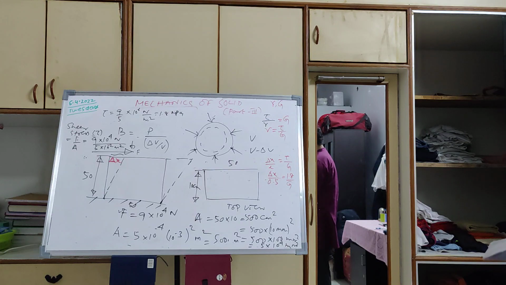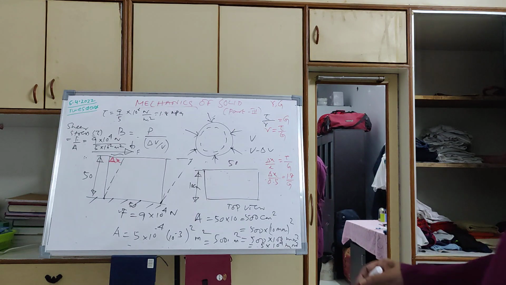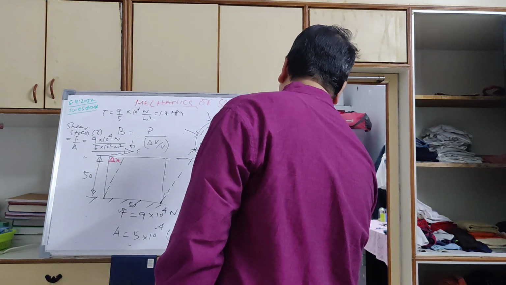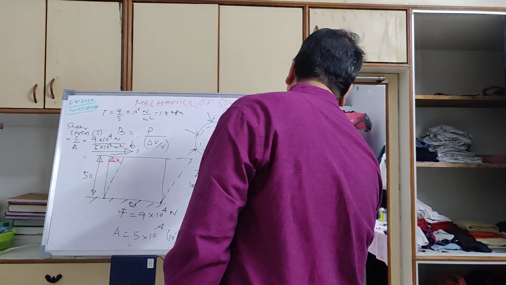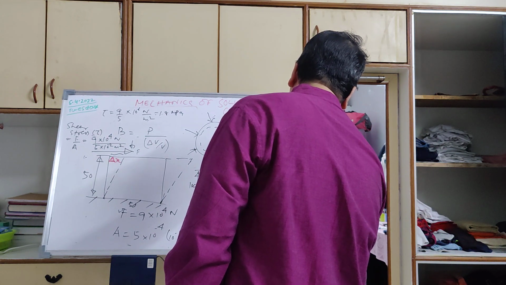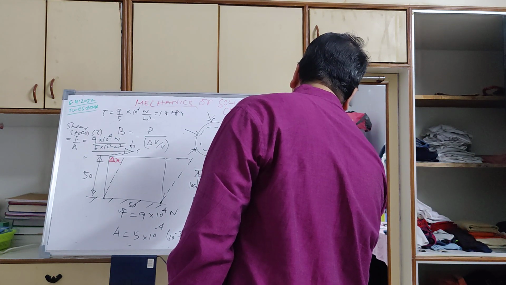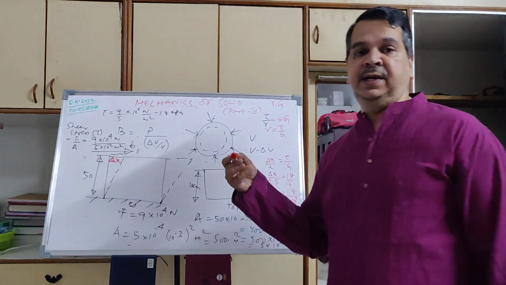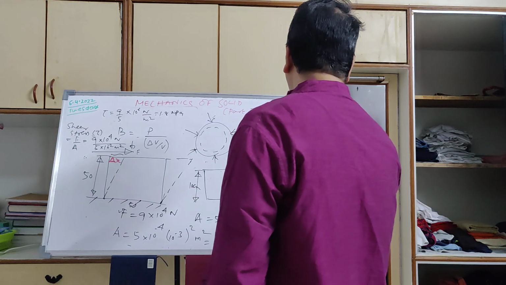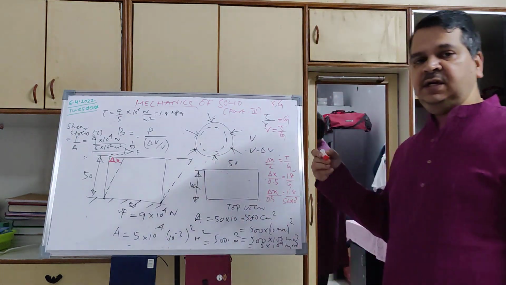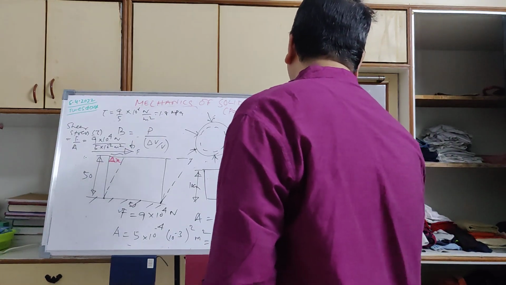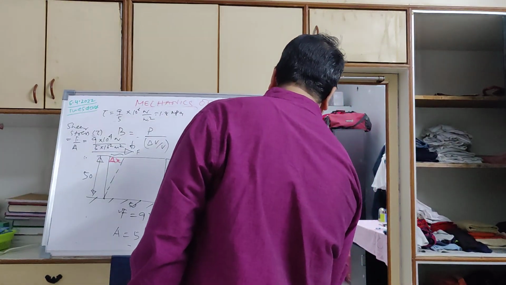So del x divided by 0.5 is equal to 1.8 divided by 5.6 into 10 to the power 9, GPa, which is also Pascal. This is Pascal, this is Pascal, so it will cancel out.